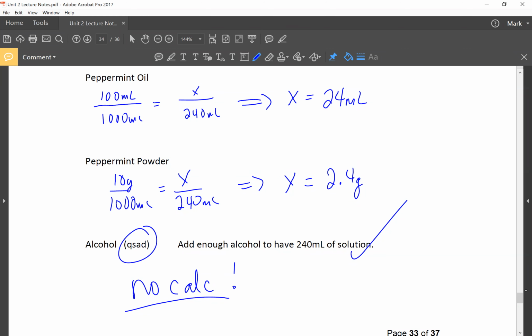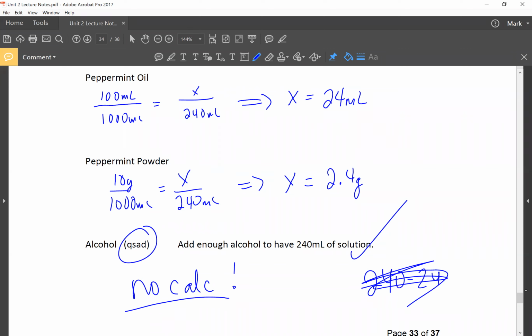There's no number, because I don't know what the answer will be. It will definitely be around 216 milliliters, right? 240 minus 24, but not exactly, because that 2.4 grams of powder will also take up space. So that's it. That's your recipe.